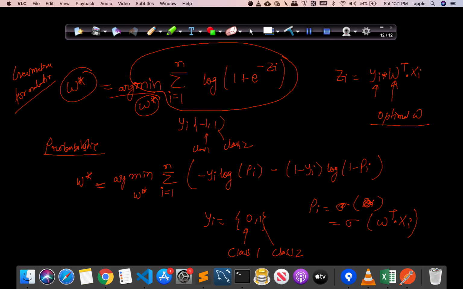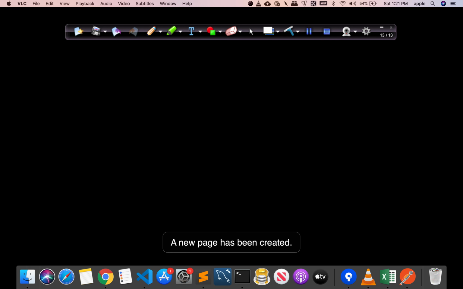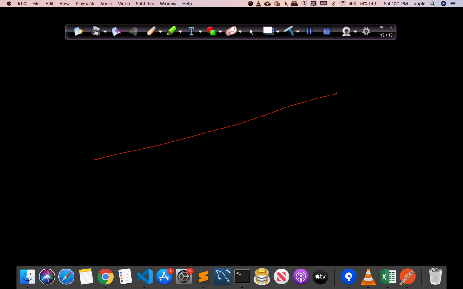This is the probability. What is the probability? Let me make it more clear so that you can understand why I am calling this a probability. Suppose this is our hyperplane. Suppose a point lies here.